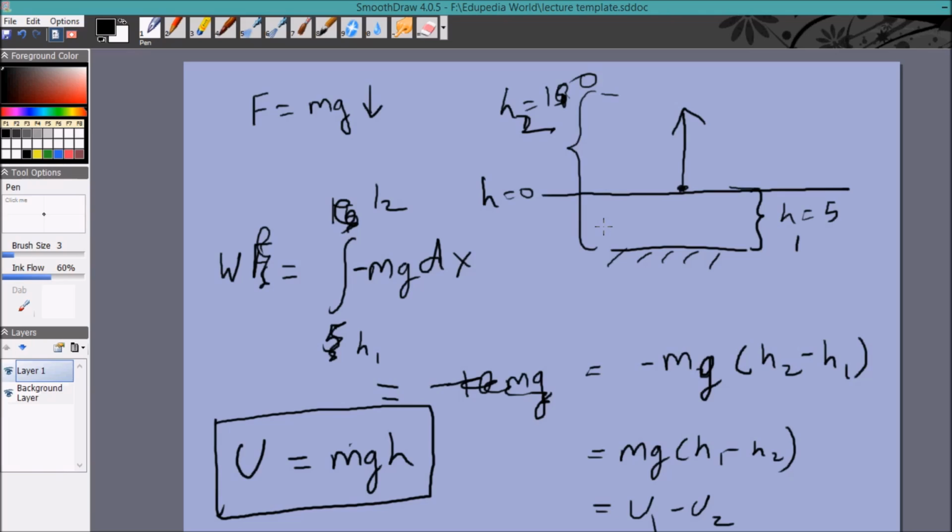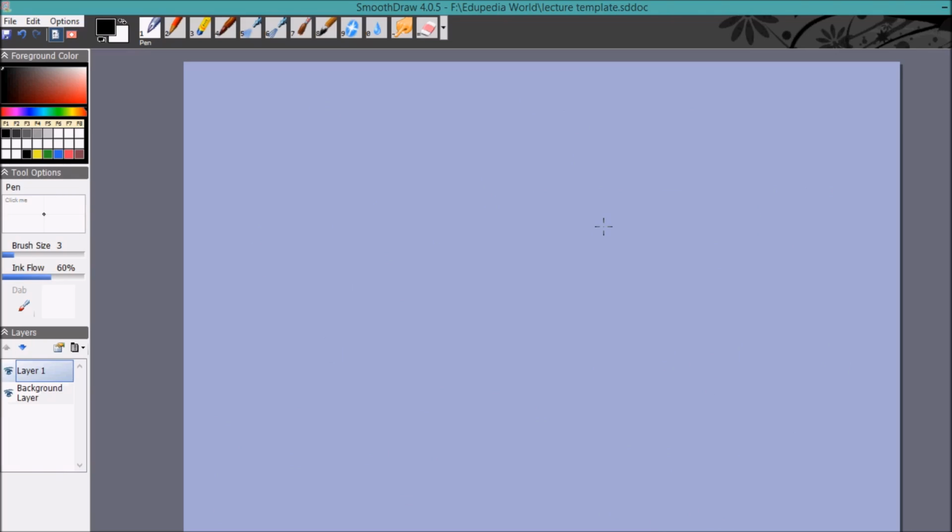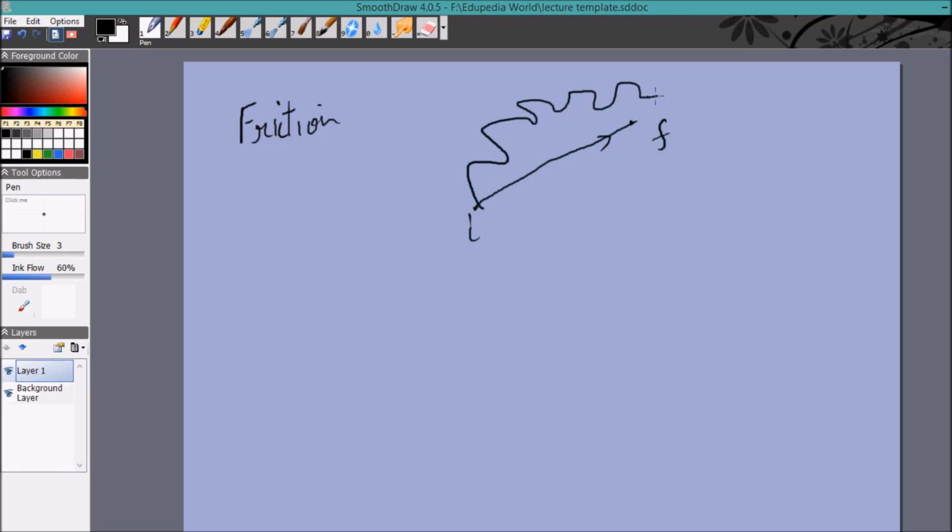So we've talked about conservative forces a lot. Let's talk for once about non-conservative forces. Friction is an example of a non-conservative force. First of all, let's say the plane of this monitor in which you are seeing this video is a surface. This is an initial position and this is the final position. If I take an object along the shortest path, friction will do the minimum amount of work. If I take it along a very long path, friction will do a large amount of work.